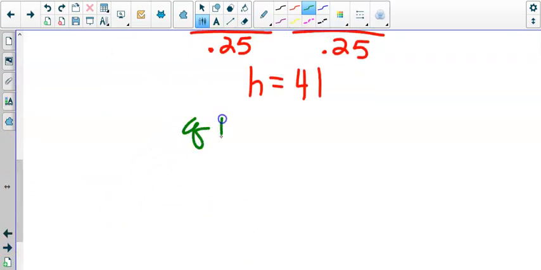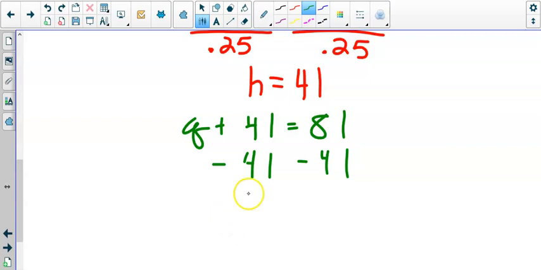So, Q plus 41 equals 81. What do we do now? Yeah. Minus 41, minus 41. Q is equal to 40.